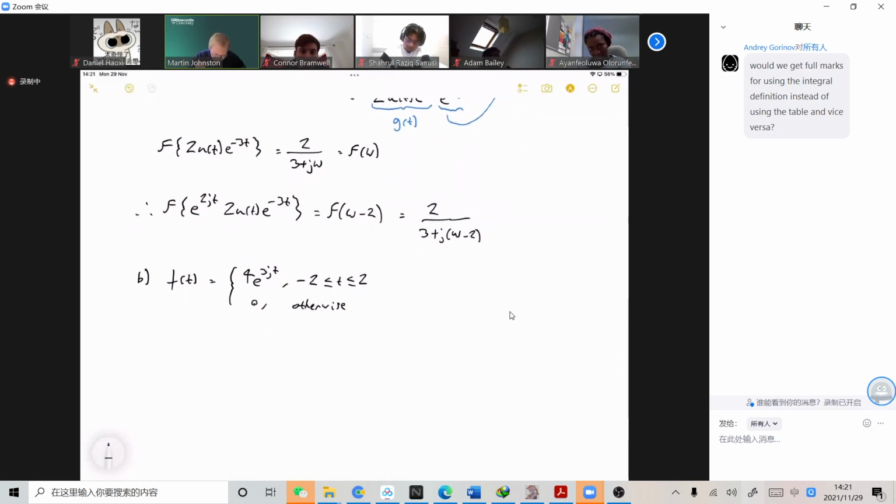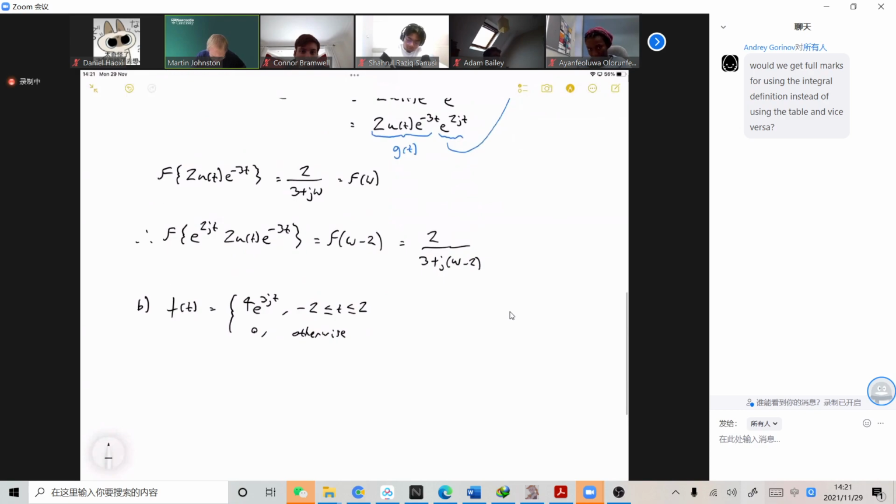If we look at this function, we can see that it is a rectangular pulse multiplied by a complex exponential. So we can say it's the same as, let's put the 4 outside as well, 4e to 3jt multiplied by this.